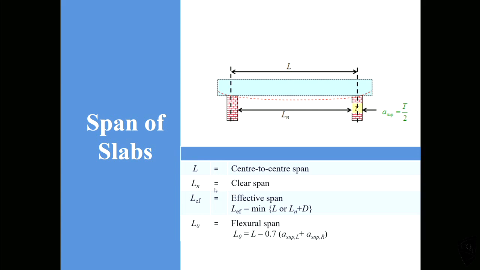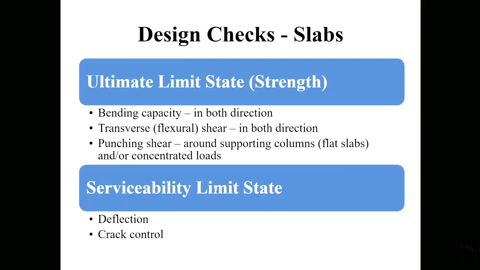Okay, so 0.7 times the supporting beams. So these are given in the standard notation. So there is no proof or anything. Basically you take it as it is because they define it.